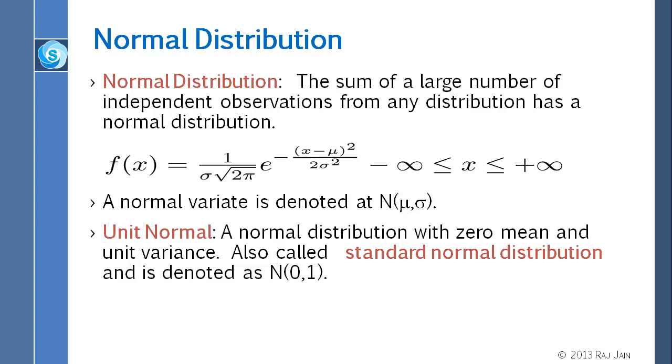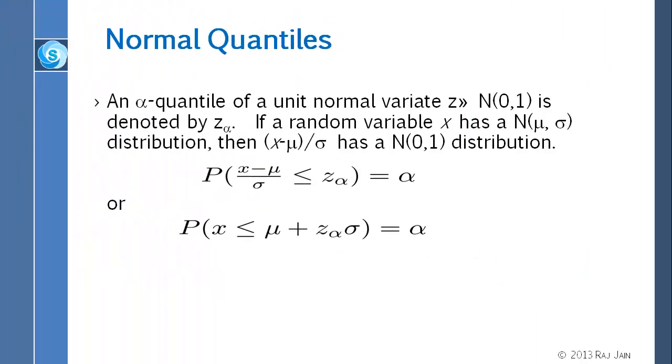Alright, quantiles. Normal distribution also has quantiles, and we are going to use those; we call them Z, the letter Z. So the alpha quantile of normal (0, 1) is called Z alpha.